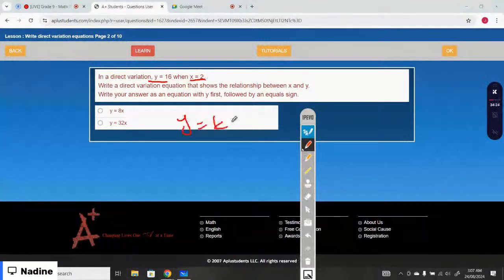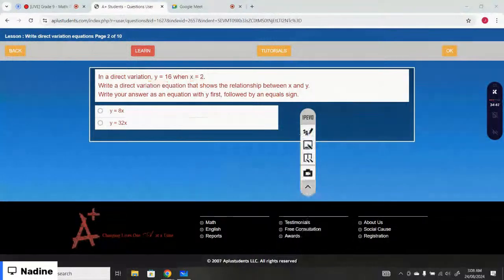So that equation for the direct variation is y equals kx, right? Just replace the value: 16 equals k times 2. Divide both sides by 2, so that is k equals 8. So the equation is y equals 8x. Very good. Option number 1 is the correct option.